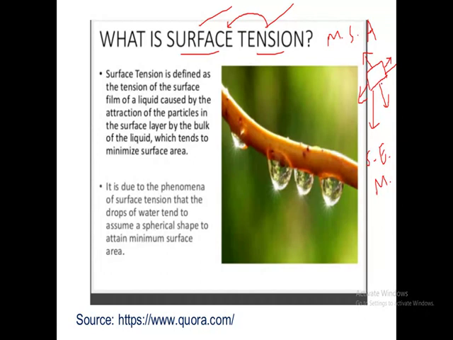Means what? There is a force in all the directions on this liquid surface. So there is some kind of pressure, some kind of force on this surface of a liquid.